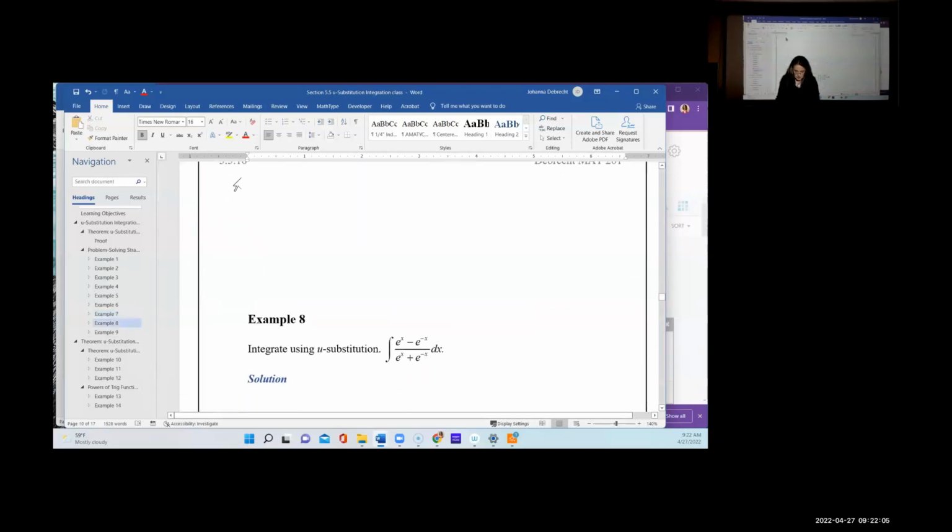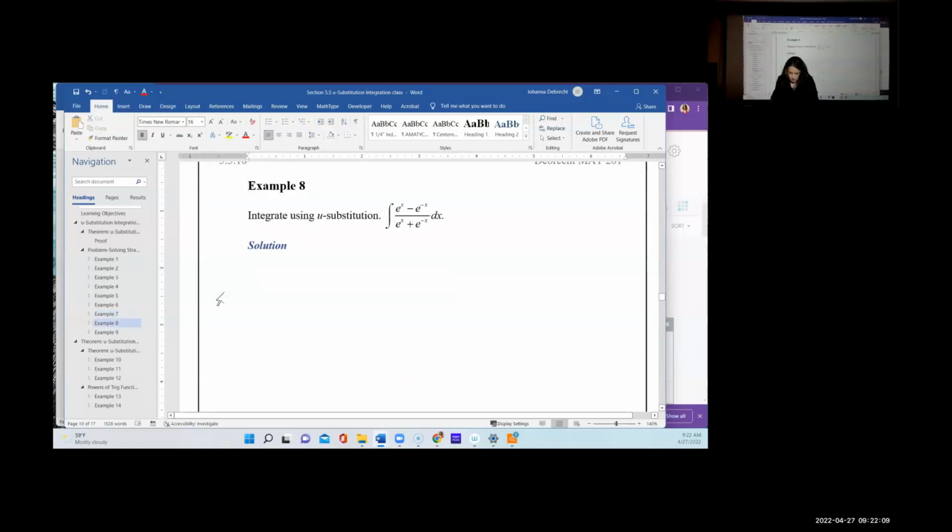In this section, we're looking at this function right here. This function is actually called the arctangent function. So this is hyperbolic, not arctangent, my bad, hyperbolic tangent, which isn't really a trig function at all.